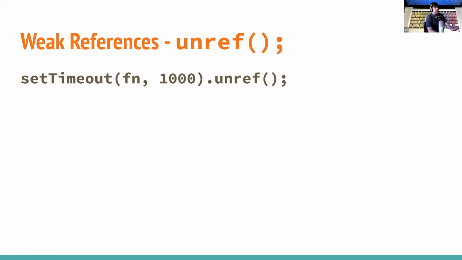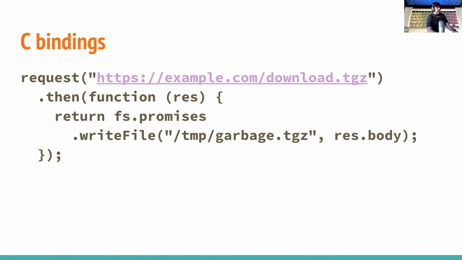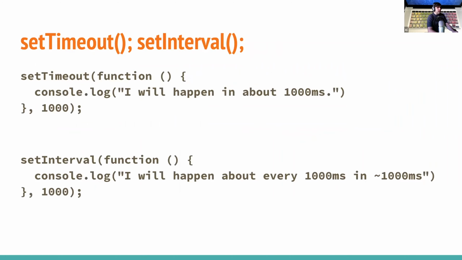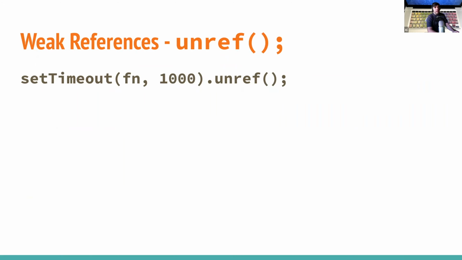And the last thing that I want to talk about with Node is weak references in the event loop. By default, everything you do with the event loop is a strong reference, which means that your process will continue to wait until all items in the event loop are cleared.